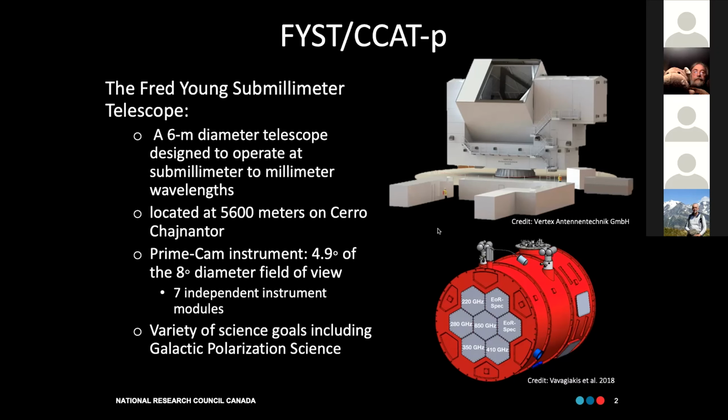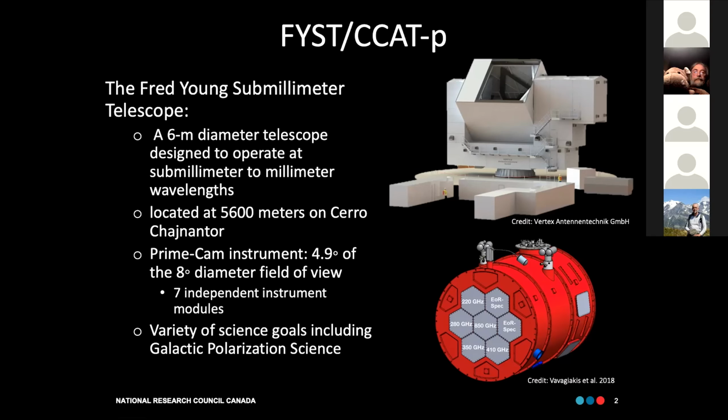And the PrimeCam instrument is designed to cover 4.9 degrees of the 8-degree diameter field of view of the FYST telescope. PrimeCam has 7 independent instrument modules, including 350 and 850 gigahertz that are of particular interest for our science group.